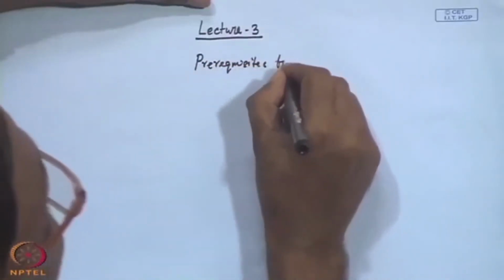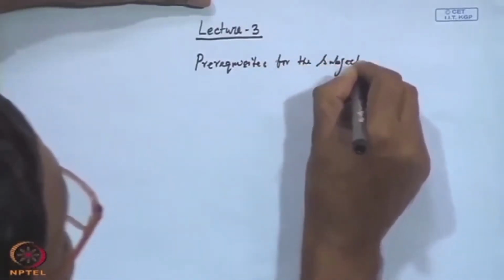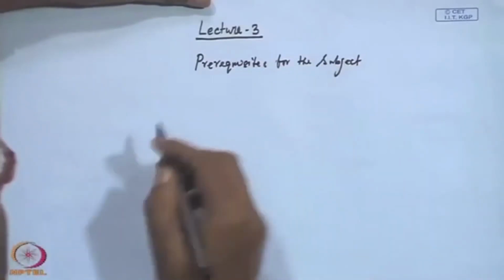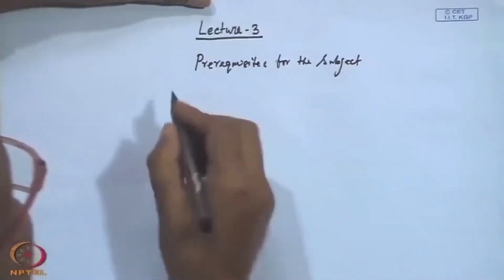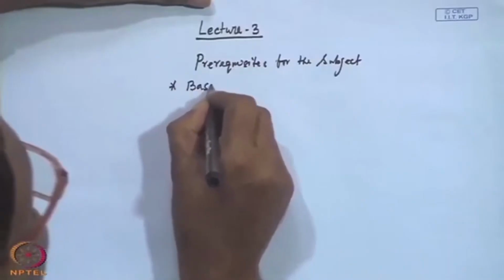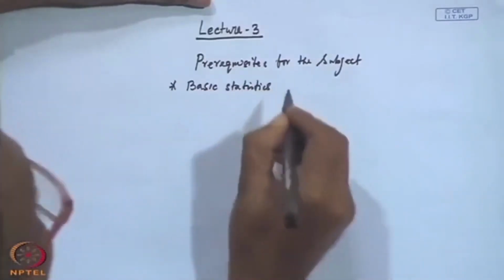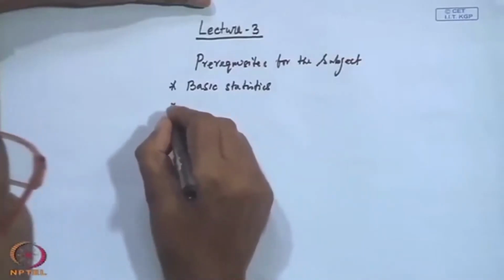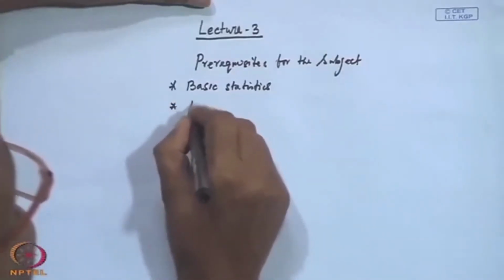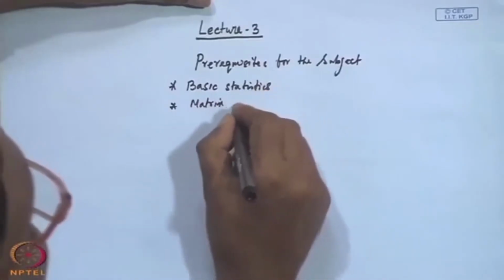Prerequisites for this course or subject. What we have described there, that basic statistics is one of the prerequisites, and I told you that you are also required to know matrix algebra a bit.